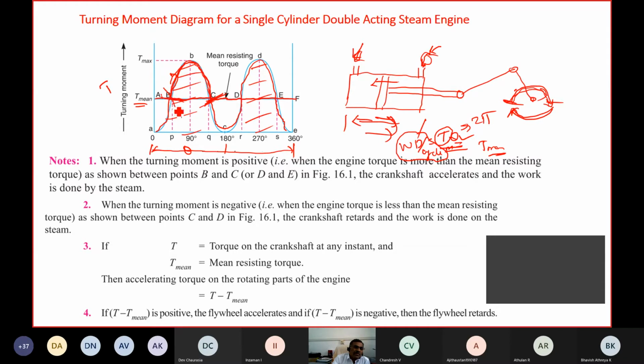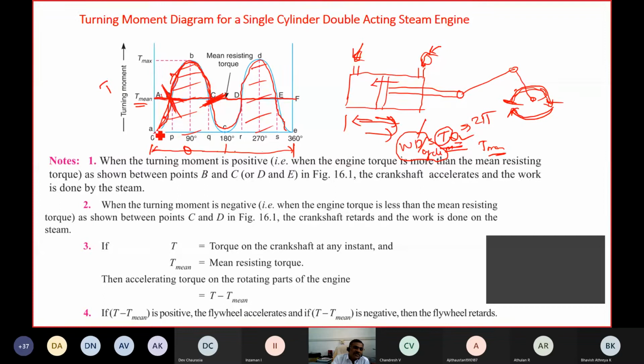So at this point, speed will be less, energy will be less. At this point, speed will be more, energy will be more, right? If in this portion the torque required is more, torque produced is less, in that condition it will take the energy from the flywheel.